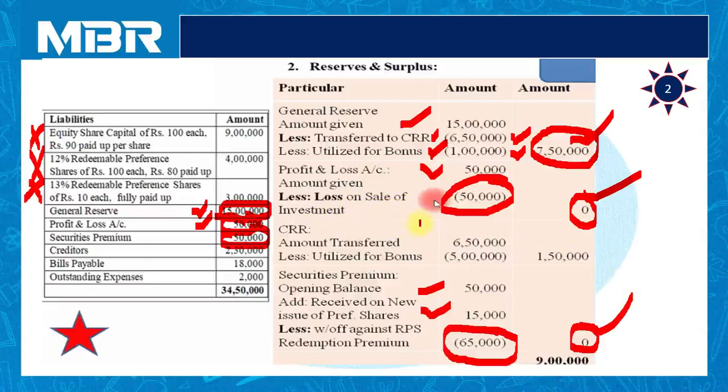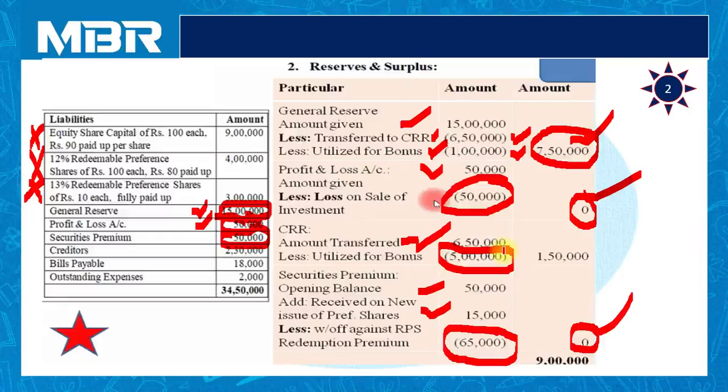Now, the fourth item, that is CRR, Capital Redemption Reserve. As we all know, at the time of passing the entry of arrangement of fund for the capital part, we have transferred rupees 6,50,000 from general reserve account to CRR, that is the Capital Redemption Reserve account. Out of this 6,50,000, we have issued bonus equity shares to the existing equity shares in the proportion of 2:1.